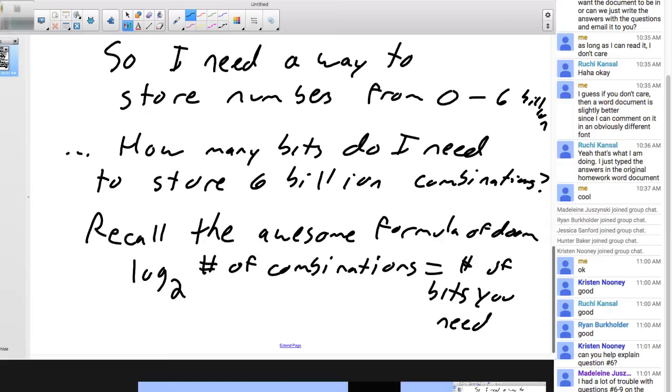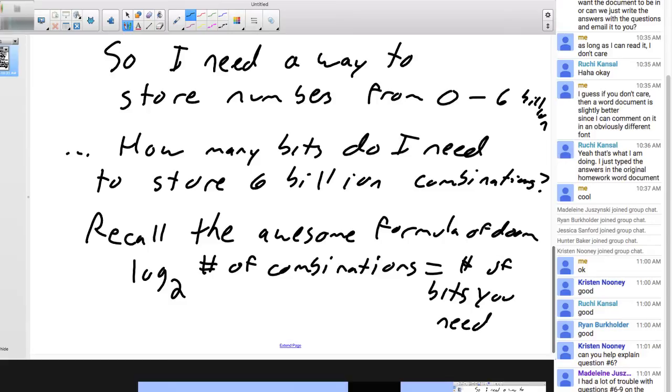I was trying to give you an address-based, memory-based way to get at this question. I have to store all of these numbers from 0 to 6 billion in one place. How many bits am I going to need to do that?